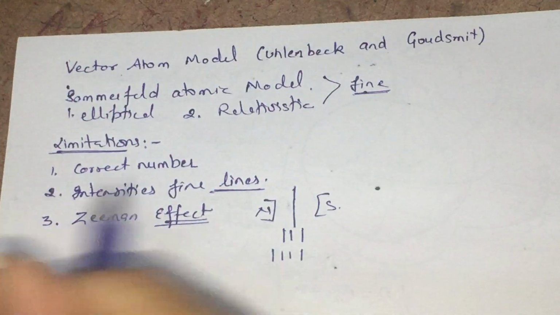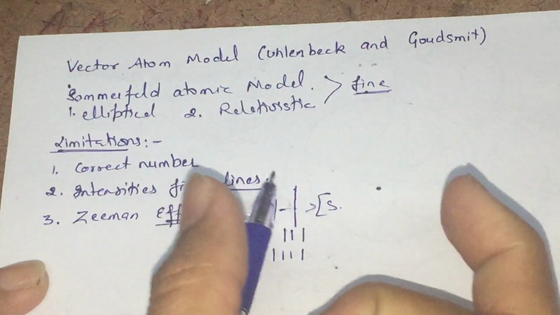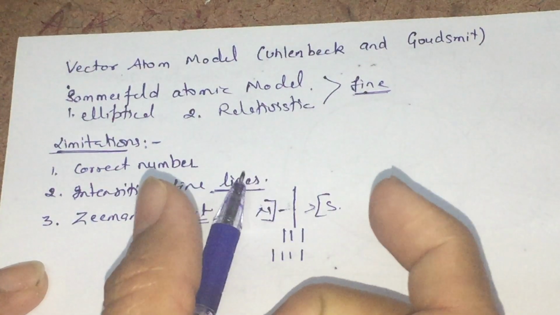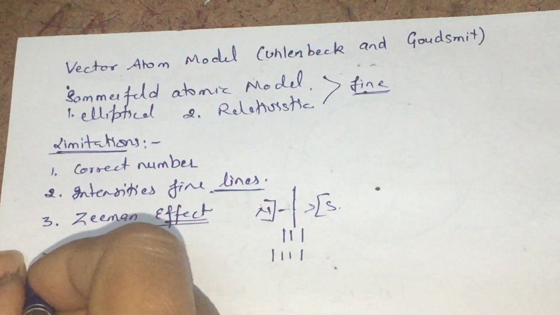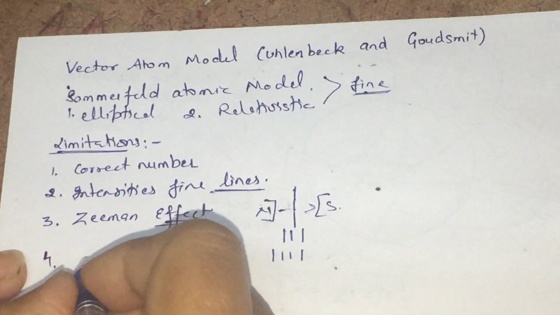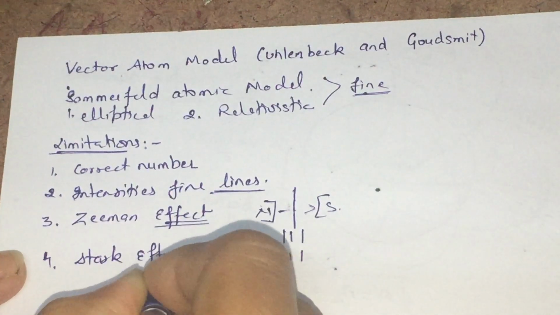It depends on whether this magnetic field is applied perpendicular to the spectral line in this way or in this way. Fourth, it is also unable to explain the Stark effect.